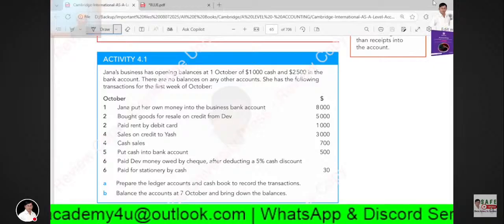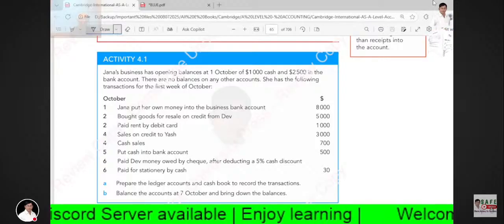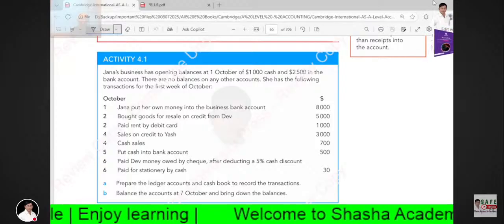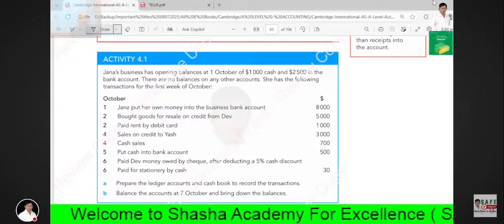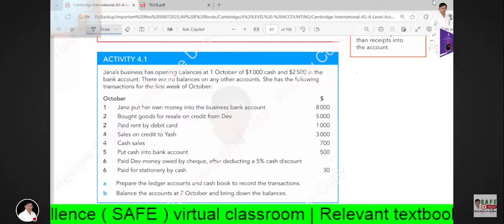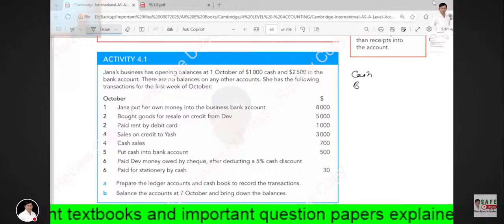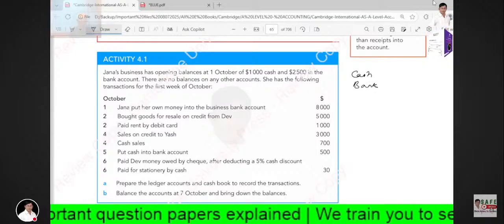So first let us prepare a list of ledger accounts. Jana's cash account, with the opening balance. Bank account, or cash book.